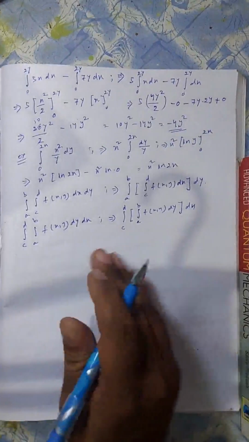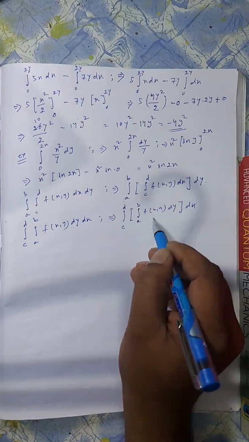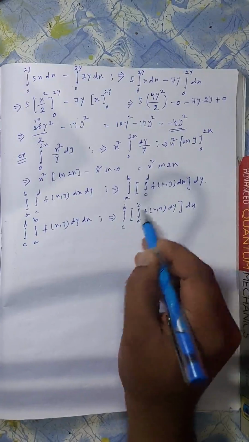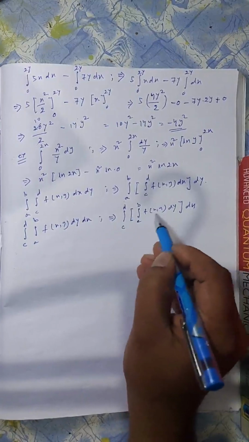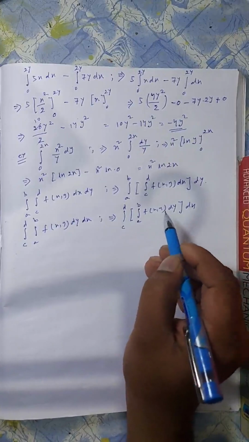Okay, in this way this is integrated like the single variable, and again we have to integrate with respect to x. After this integration is over, the result of this integration is integrated again with respect to x.